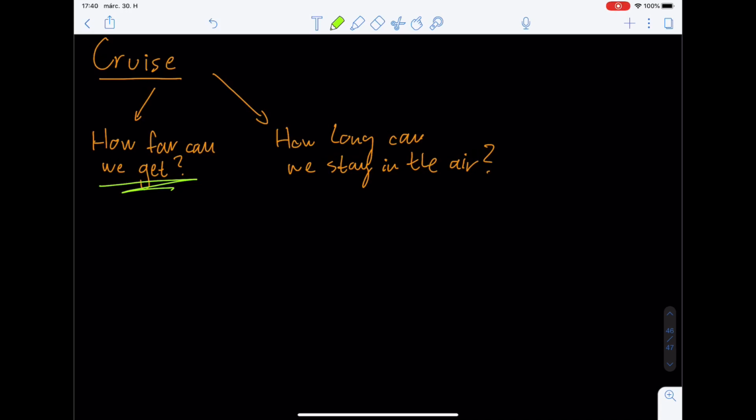How far is the alternate aerodrome, for example, from our airport? Or to give you an example from the not so distant future, when we will be planning the cross-country flights during your general aviation training phase, we will go to airports which are a bit further. And this is when we'll have the question like how far can we get with this given aeroplane?